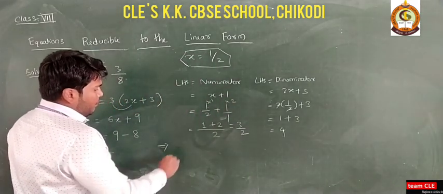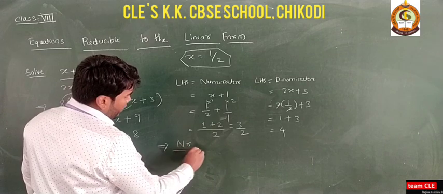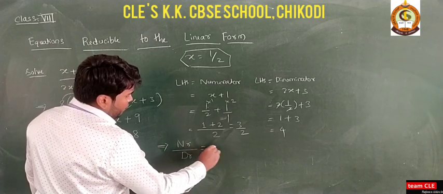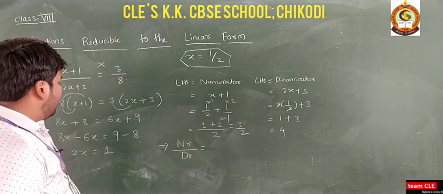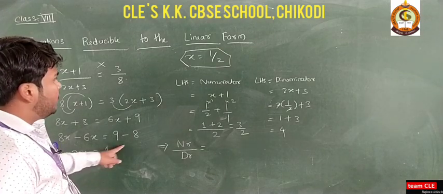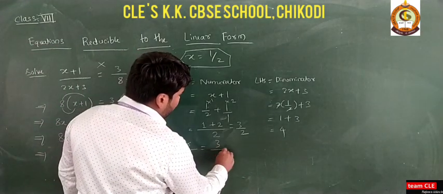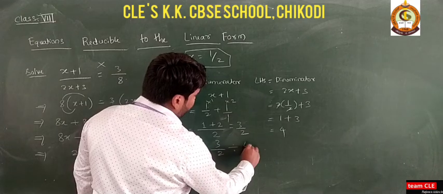Now divide this numerator by the denominator. The numerator you got as 3 by 2, divided by 4.